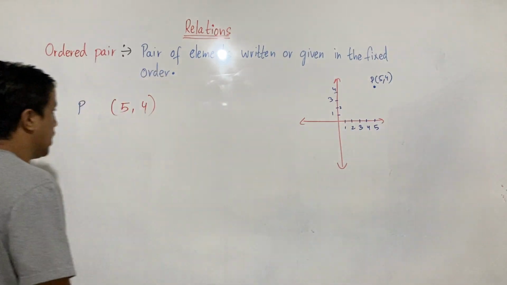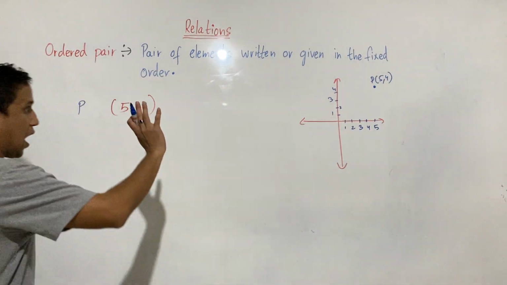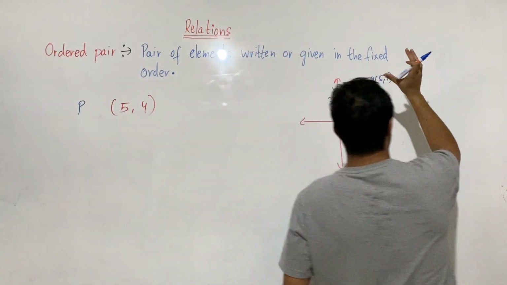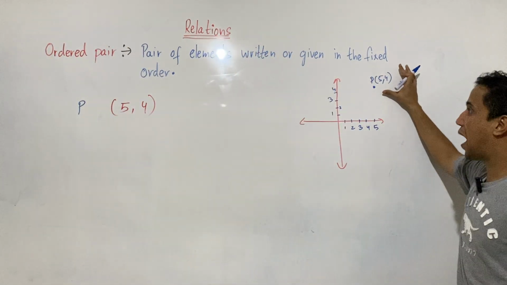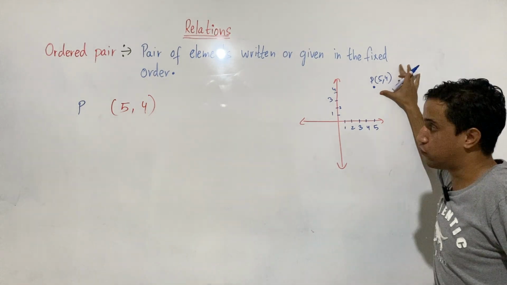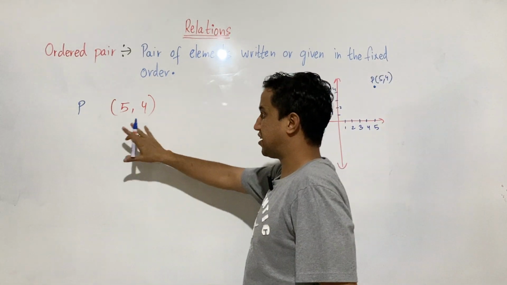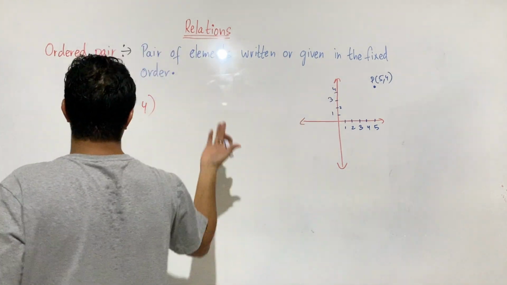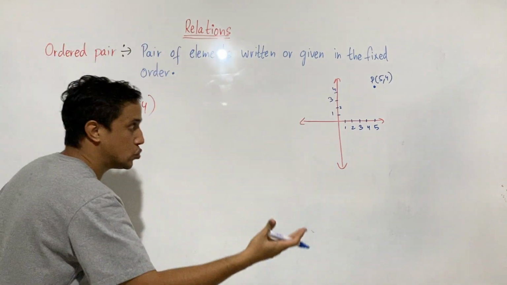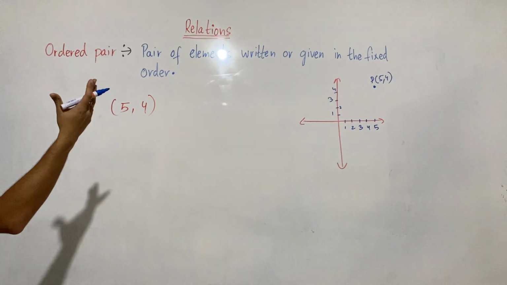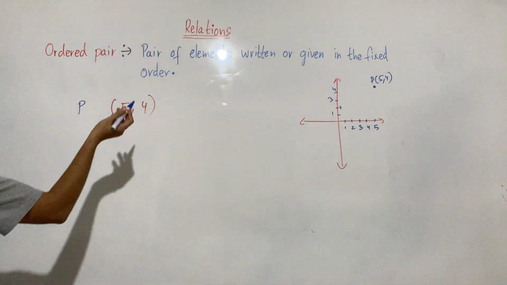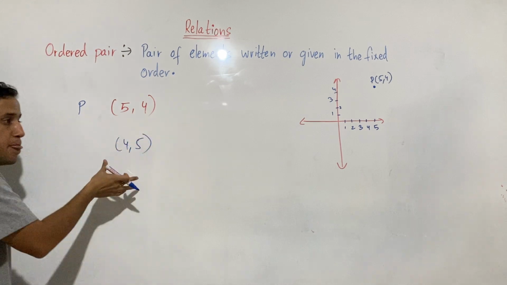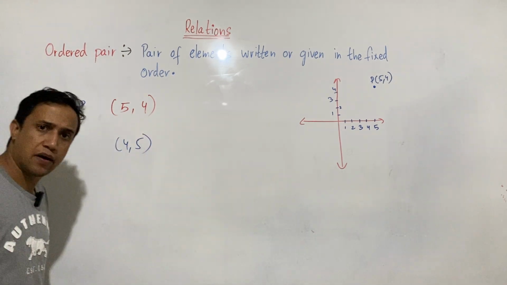Because point P is represented by the ordered pair 5, 4, the order is fixed and I cannot change it. If I have to locate a point with coordinates 4, 5, it is going to be some other point.